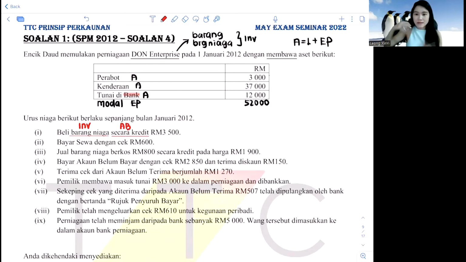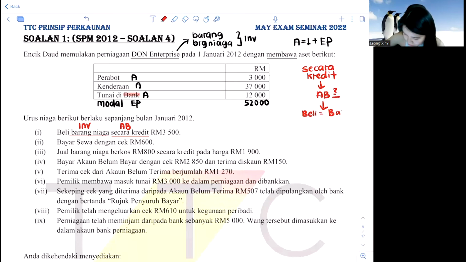As I mentioned, if you want it to be fast, every time you see secara kredit, you remind yourself you need to change it into AB first. And then you need to know what is at the back, right? So if it's beli, bayar, B. Jual means terima.